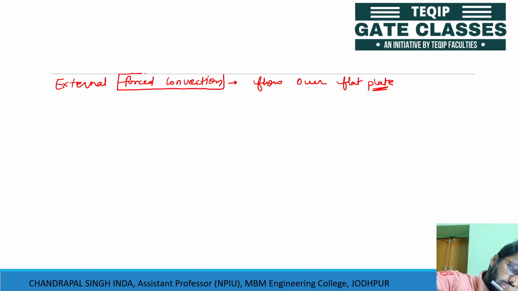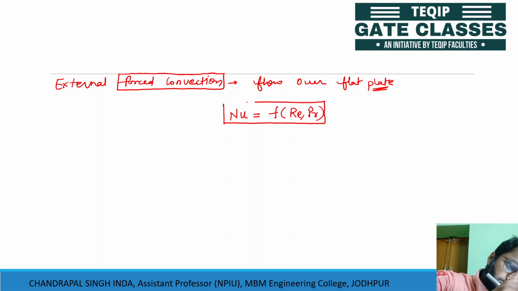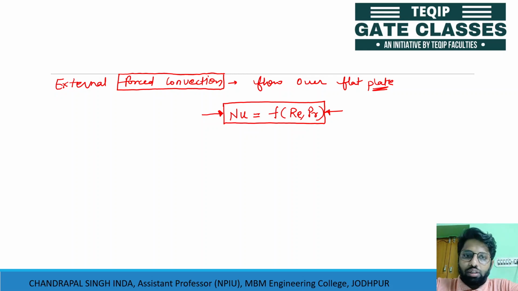We had a relationship between these physical quantities: Nusselt number is a function of Reynolds number and Prandtl number. So we can say the forced convection system is described by these three dimensionless numbers. In forced convection, the flow of the fluid is due to an external force mechanism.